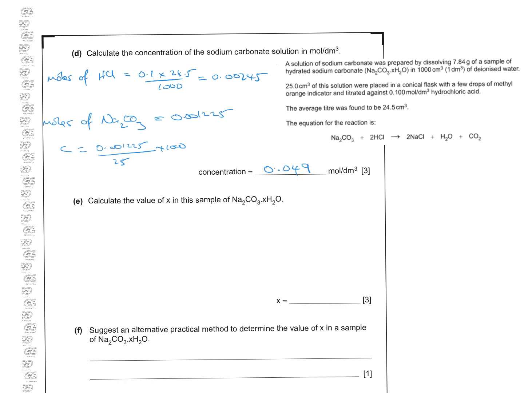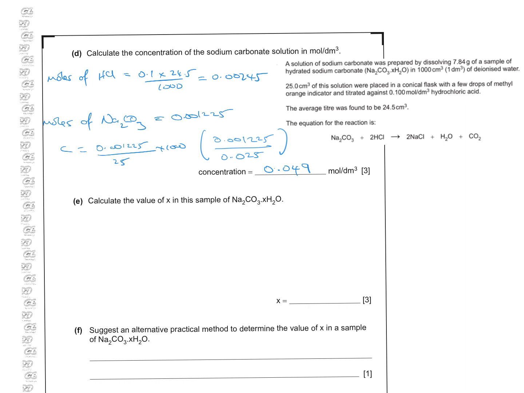If you don't like working with this value here, then just convert the 25 into cubic decimetres to start with. So you could just do 0.0012225 divided by 0.025. And I say it just does away then with this 1,000 in the equation.